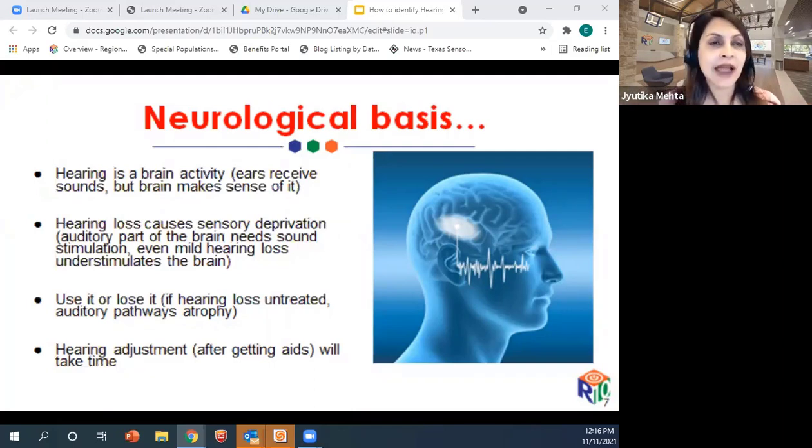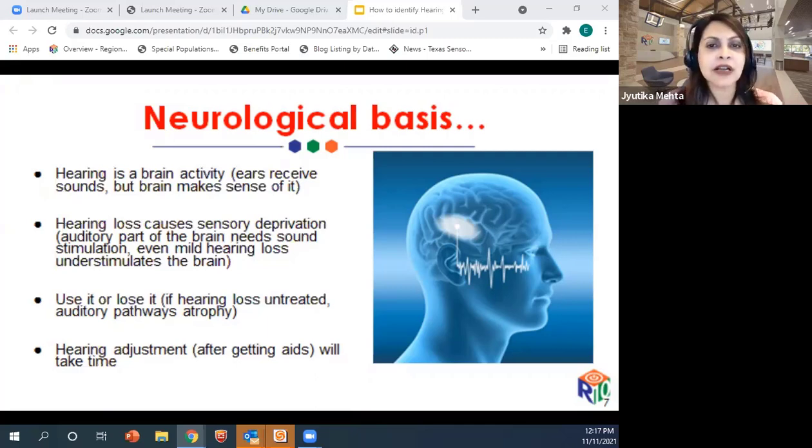When that stimulation is not coming in during the early years, the parts of the brain associated with making sense of incoming sounds decide, why are we reserving the space for this process when it is not happening? So those areas get repurposed for something else, because real estate in the brain is premium. Those areas start to atrophy, or shrink.